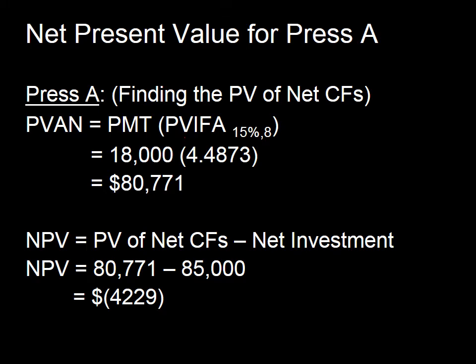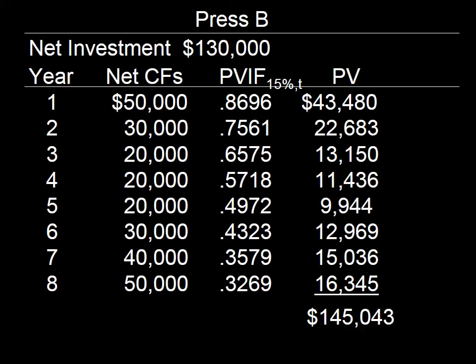Well, what about press B? If you remember, press B had this mixed cash flow stream. You see it again here, but it was more expensive. Instead of $80,000, it cost $130,000. So now we want to find the present value of the benefits and subtract the net investment. Here are our benefits, and our cost of capital is 15%, so I'm discounting.